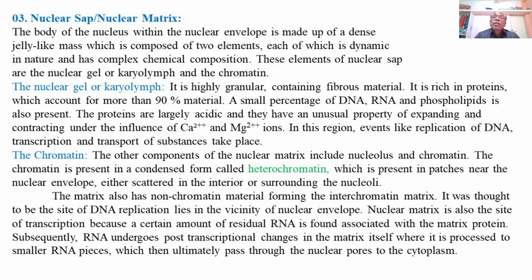They are the main component of the nucleus, responsible for transcription and translation of different types of proteins, and they can occur in two forms, euchromatin or heterochromatin. So the chromatin material is in the form of DNA and proteins.